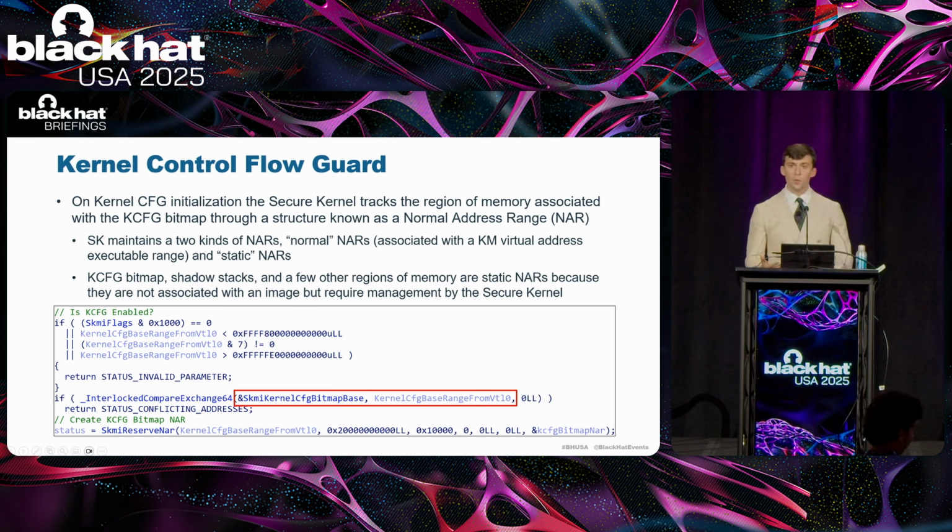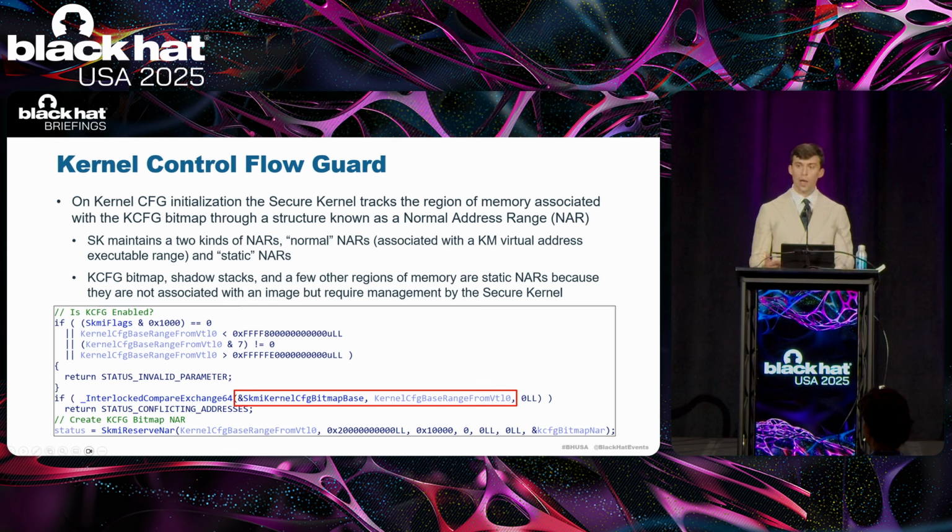So this secure system call occurs over the hypercall interface. So VTL0 or NT asks the hypervisor, hey, send this request to the secure kernel, as an example. And so on initialization, the secure kernel tracks that region of memory associated with the bitmap through an NT address range, or normal address range, or NAR structure. And this NAR structure is what allows the secure kernel to denote, hey, I know this region of memory is important and it resides in the regular kernel and I need to manage it.